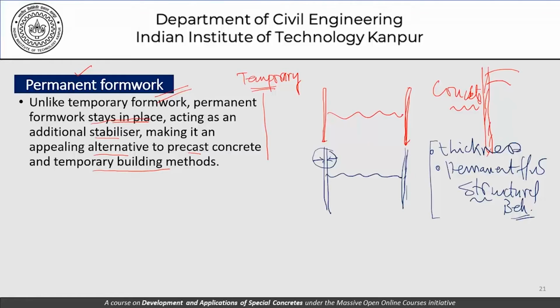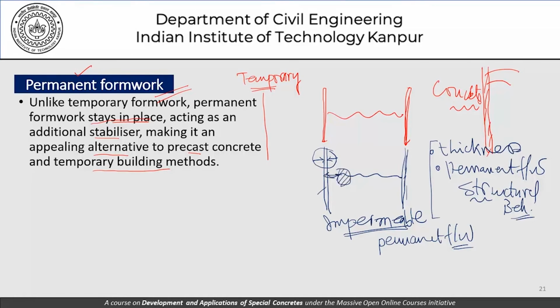The advantage of using permanent formwork is that once this permanent formwork becomes a part of the structure, which as the name suggests it would, we can have an extremely impermeable permanent formwork, and that gives me additional protection as far as the reinforcement is concerned.